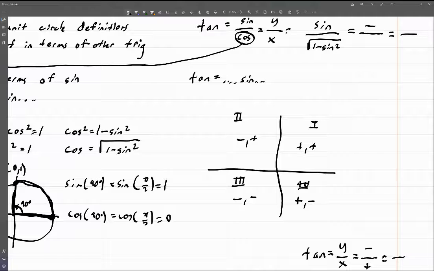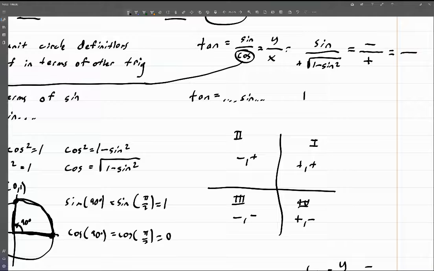So we have to decide whether we need a positive or a negative in our denominator to make this work out correctly. Well, in quadrant 4, our x values have to be positive, and that's what we have in our denominator. So this has to be positive. So in point of fact, in this particular case, we don't actually need to do anything to our final answer. We just leave this as a positive square root of 1 minus sine squared.